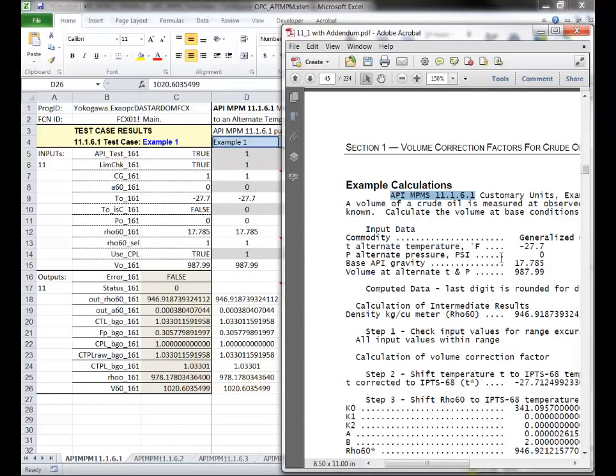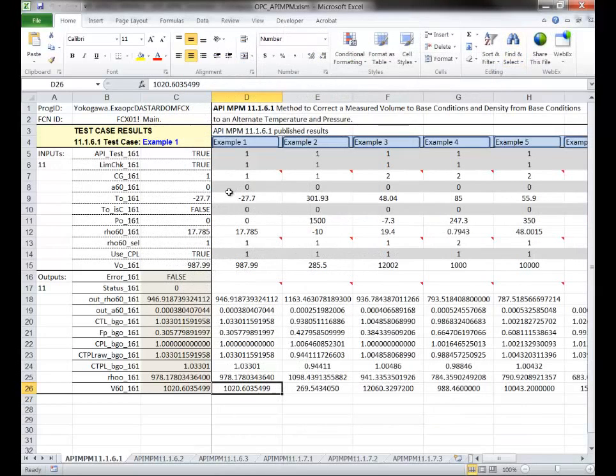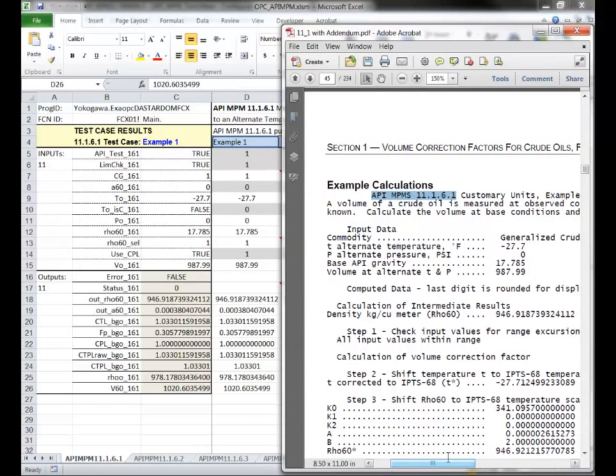So first it says this is for generalized crude oil, so that's a code of 1 here. You may recall that I said a 1 corresponds with general crude oil, so that's how we got the 1 there. And then it wants an input of minus 27.7 as the alternate temperature. So we can see here where the T sub O stands for observed temperature, or in this case alternate temperature.